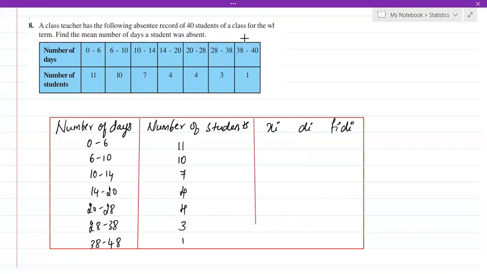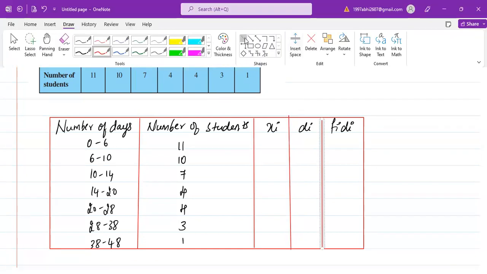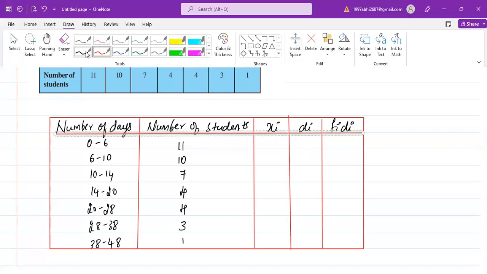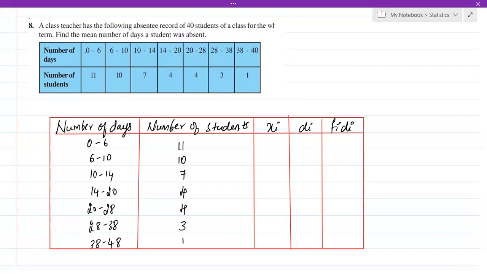Whichever method it is, we always find xi. Okay, here xi will be, what is the middle value from 0 to 6? It is actually 3. 0 plus 6 is 6, 6 divided by 2 is what? 3.